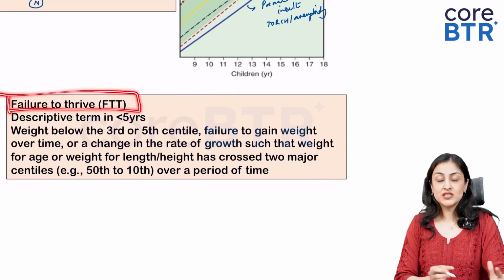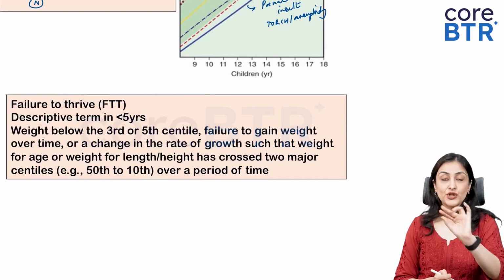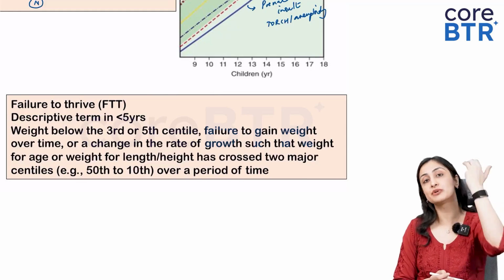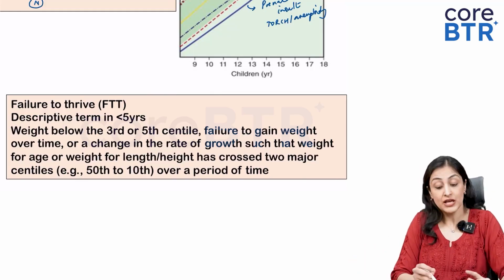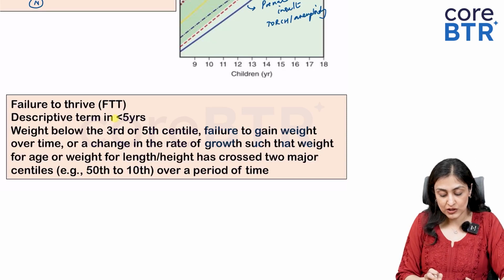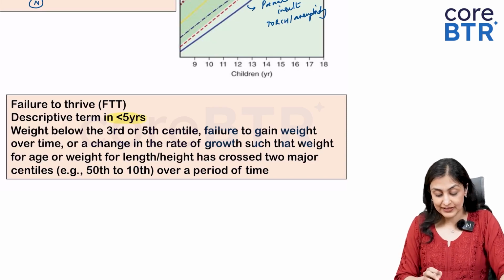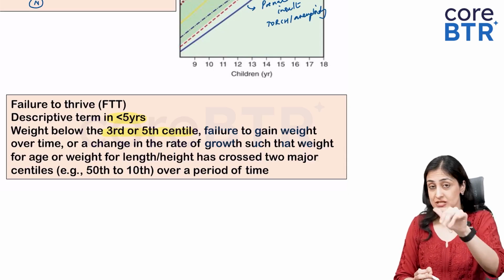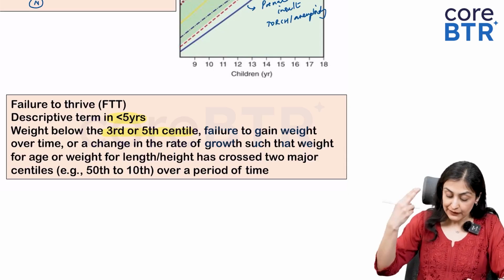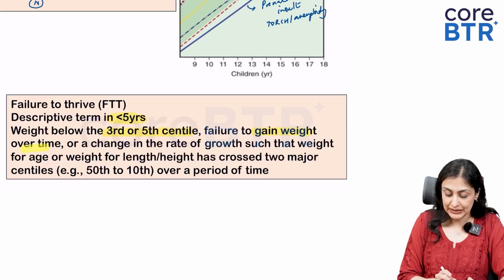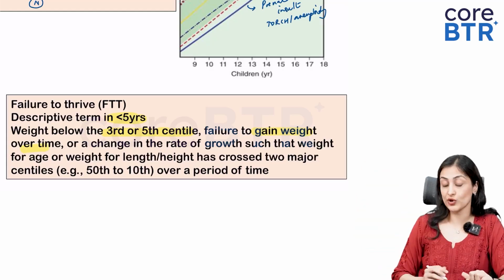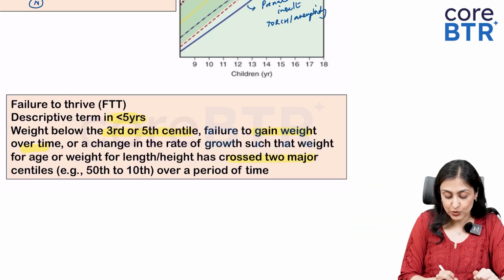How do you describe failure to thrive? First of all, it's not a disease. It's a descriptive term to describe symptoms, right? So failure to thrive is a term that we use in children who are less than 5 years, where either their weight is below third or sometimes fifth centile is used. Failure to gain weight over time, or their rate is not normal. They are crossing two major centiles.